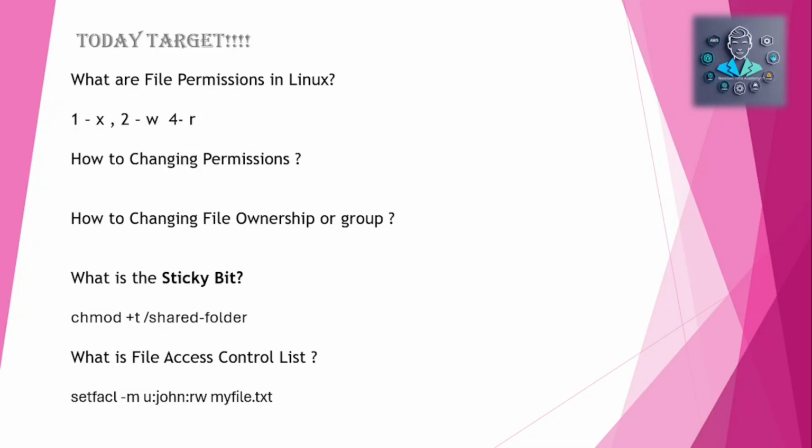Next is the powerful tool ACL, short for access control list. How can we apply it to a folder, and what are the benefits we get? This is today's target. We'll complete it one by one in the practical session.